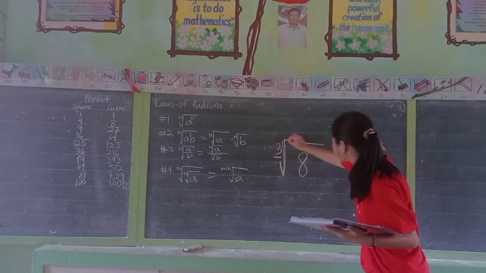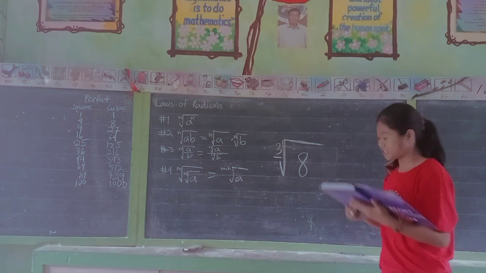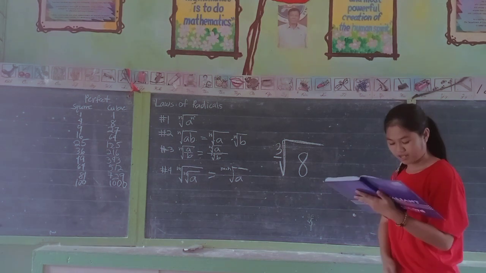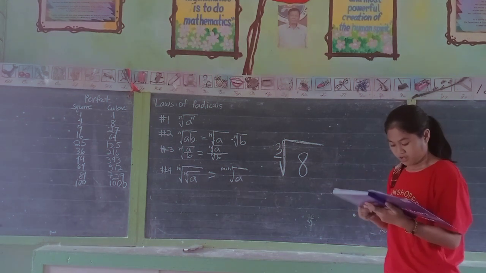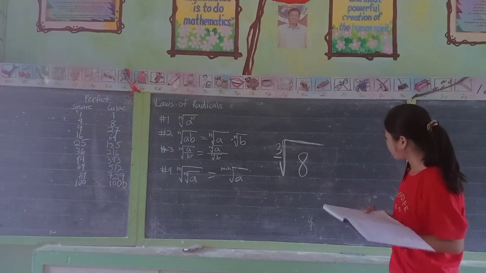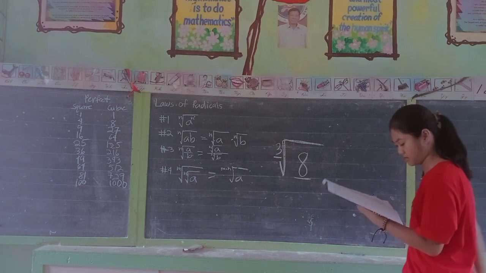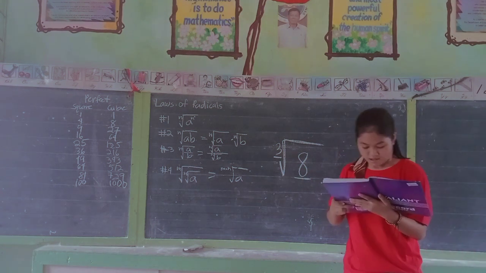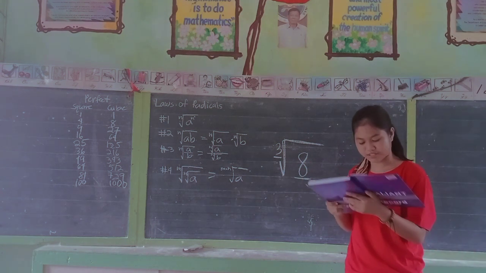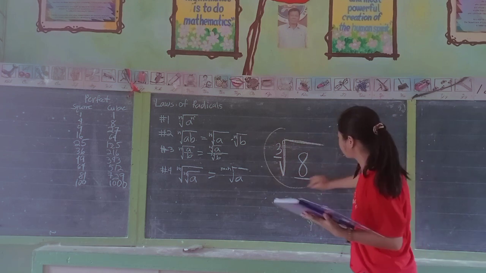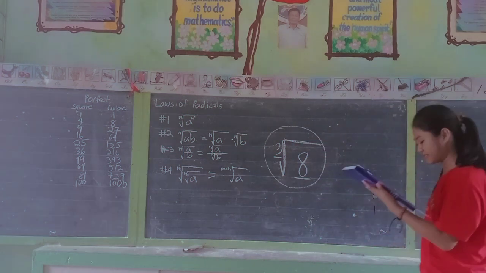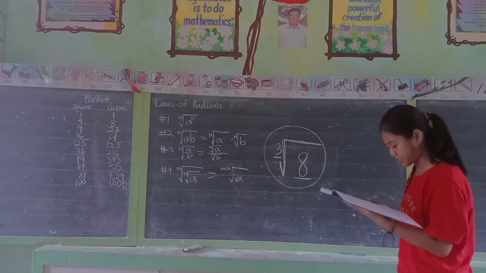This symbol is called the radical sign. And the number inside the radical sign is called the radicand. And the entire thing is none other than the radical expression.